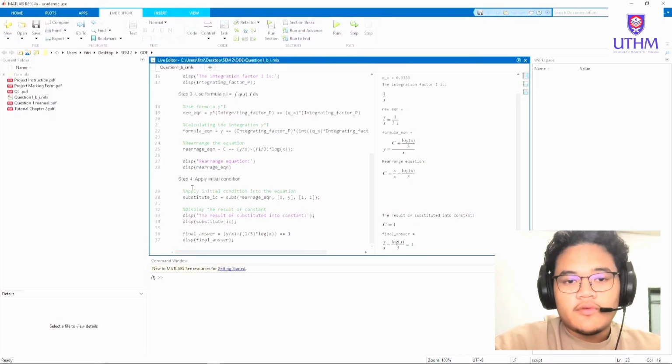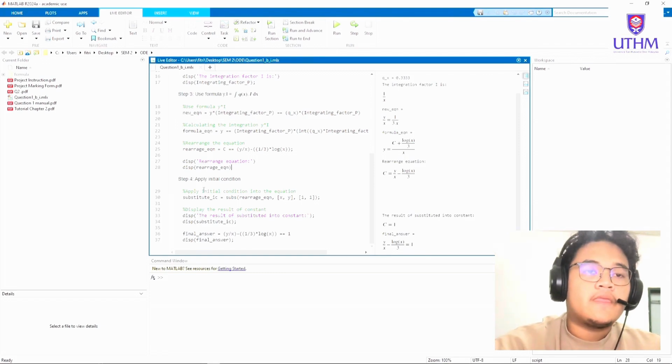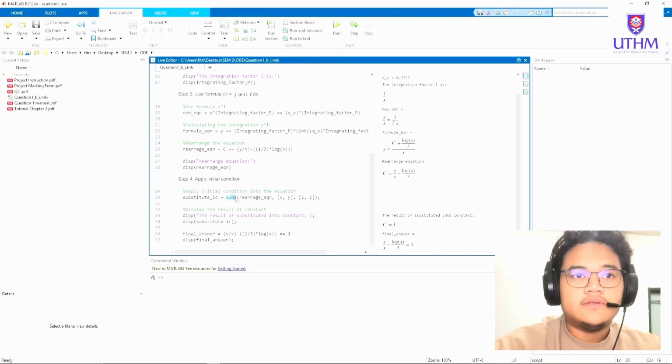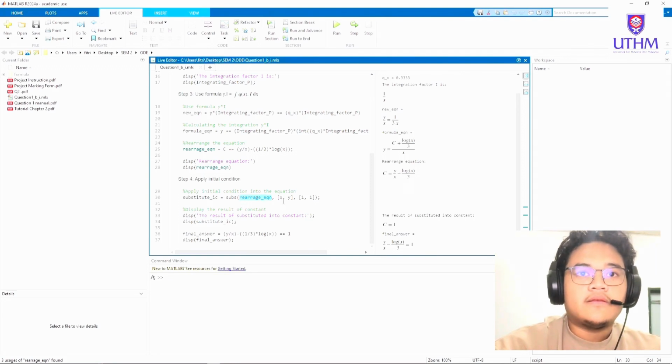Moving on to step number 4, which is applying the initial condition to find the particular solution. First of all, we need to use the command subs and put the rearranged equation, y over x minus log x over 3, which equals c, and then the variables that we want to substitute, which is the initial condition, x equals 1 and y equals 1.